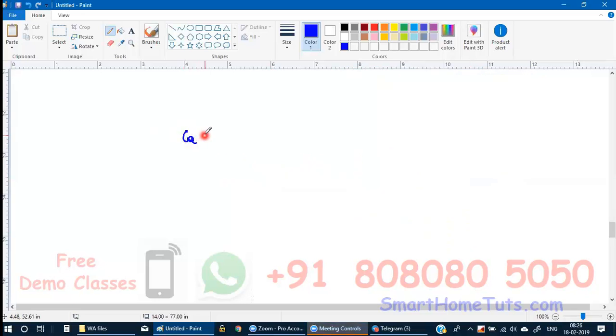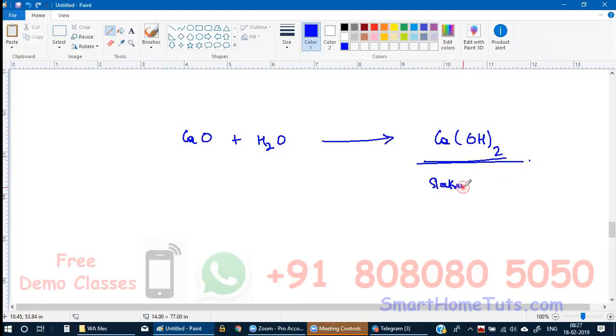When water is added to calcium oxide, this gives you a paste of calcium hydroxide. This is slaked lime. Here the reaction is so exothermic that the water starts boiling.